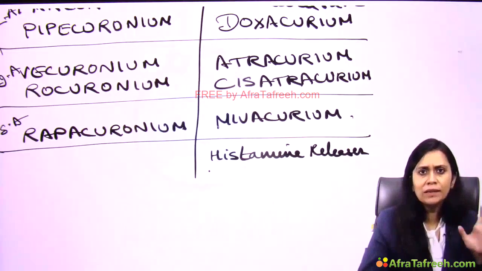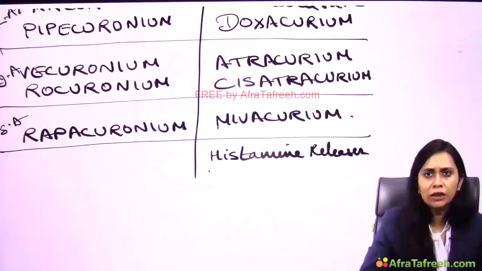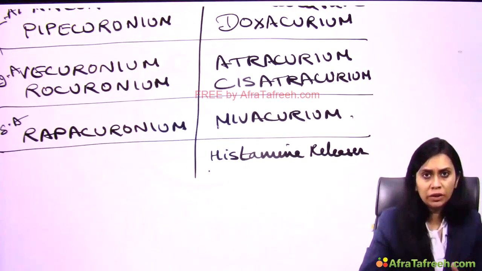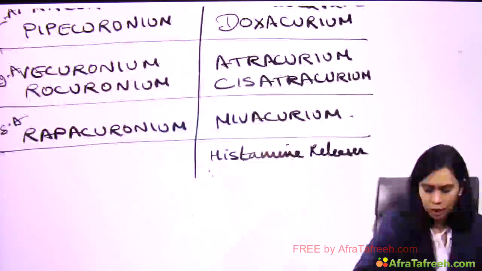If a drug releases histamine, what would be the clinical features when we give that drug? Histamine causes vasodilatation, so hypotension. Because of hypotension, tachycardia. And because of histamine release, it can cause bronchospasm and it can also cause flushing in the patient.